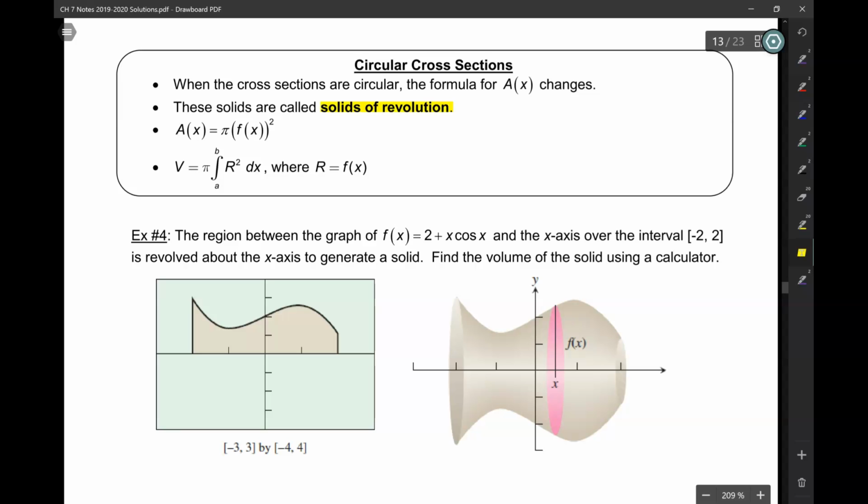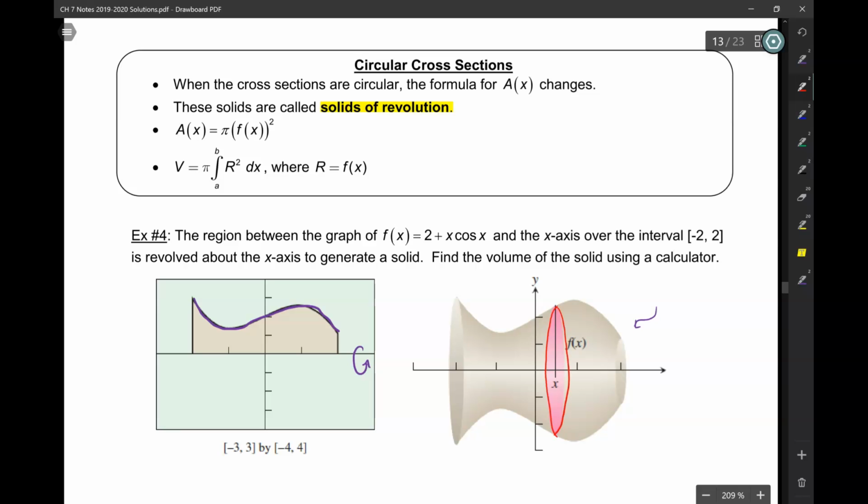So let's take a look here. Look at this shape here, right? This is f of x. And if I rotate this around the x-axis, then the shape that I get is this, right? It looks like a vase. Now, imagine I draw a series of discs in here, okay? So this is the circular disc that I have drawn in here.